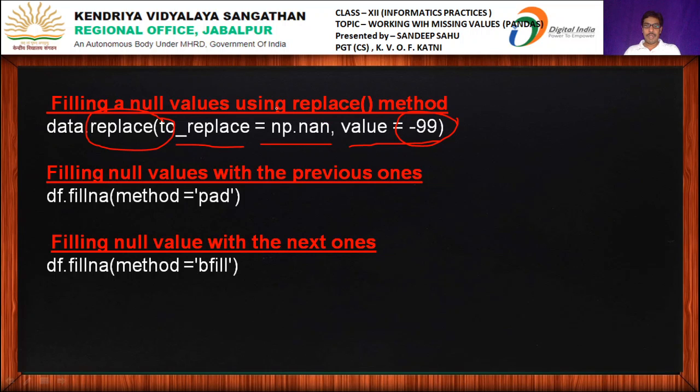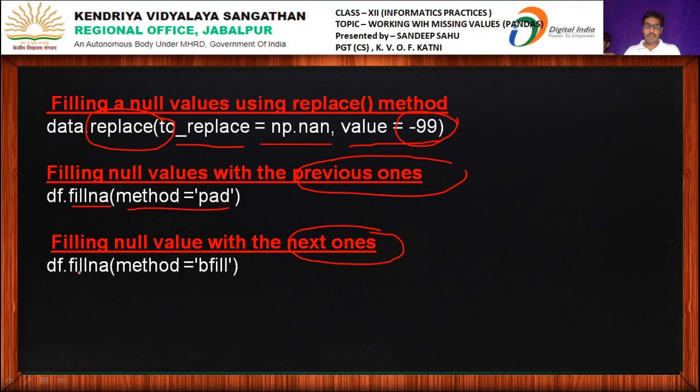Instead of replacing with a different value, you can replace with the previous one or the next one. If you want to replace the current value with the previous value, then you have to use fillna with the argument method equals 'pad' under single quotes.